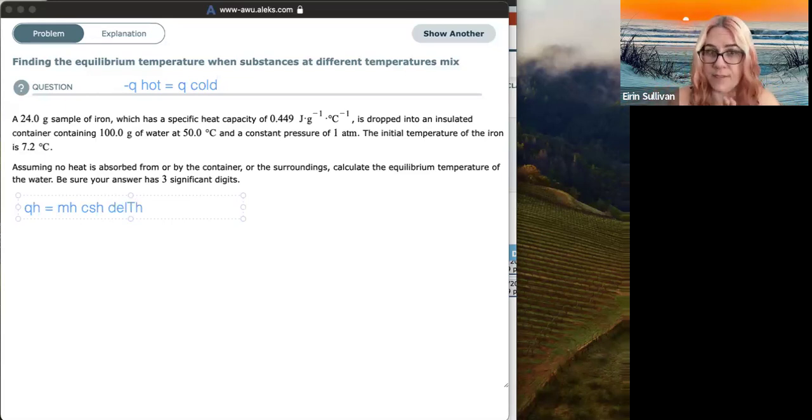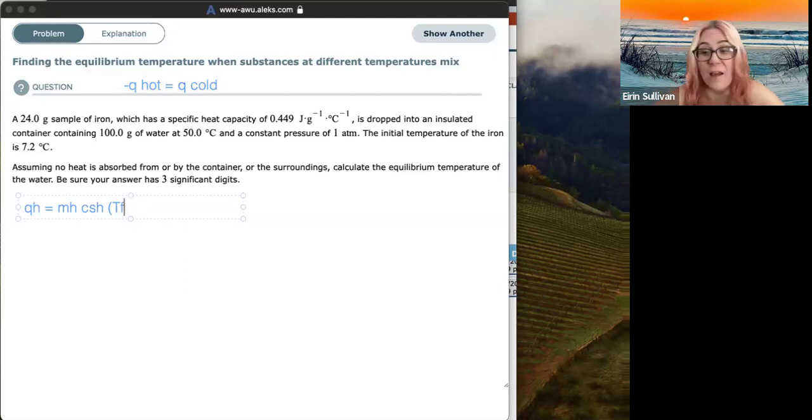Now, delta T is always T final minus T initial, okay? Both of those objects are going to have a different initial temperature, but they will both have the same final temperature, okay? So this is where it's useful. Instead of saying delta T, you're going to say TF, and TF for the hot object and the cold object is the same.